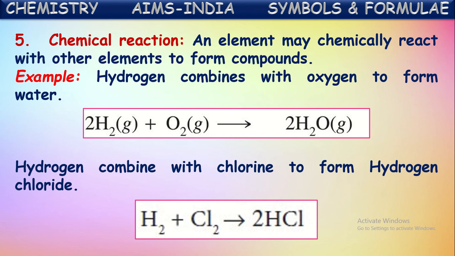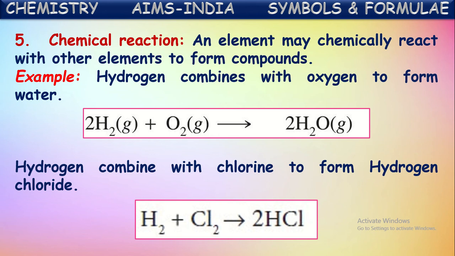This is about chemical reaction. So elements participate in chemical reactions to form compounds. Elements sometimes combine themselves to form molecules, and sometimes they combine with other elements to form compounds. So these are the characteristics of elements.